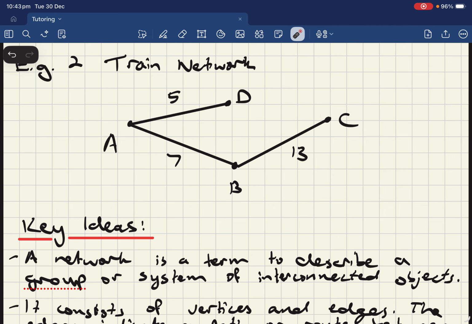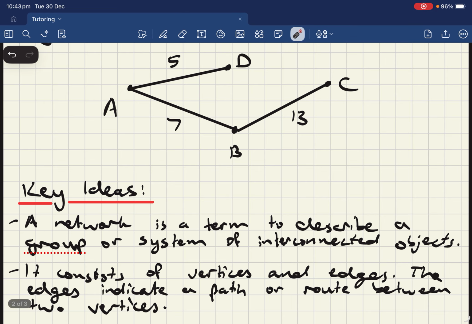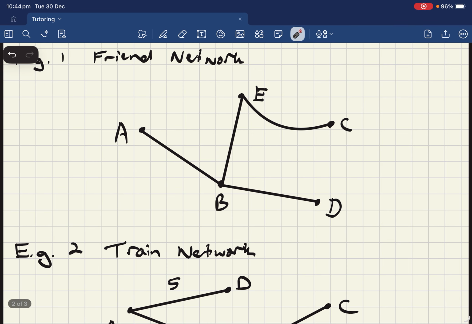Now, these networks consist of what we call vertices, each of these points, and edges, the lines that connect these points together. The edges indicate a path or route between two vertices. So B and C are connected with this edge. A and B are connected with this edge, A and D with this edge. And same with the friend network in example 1.